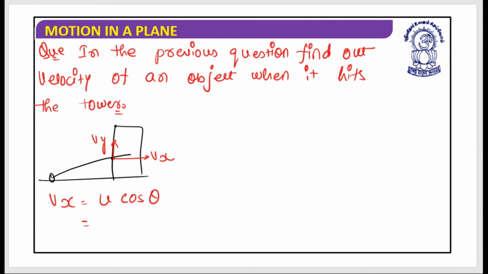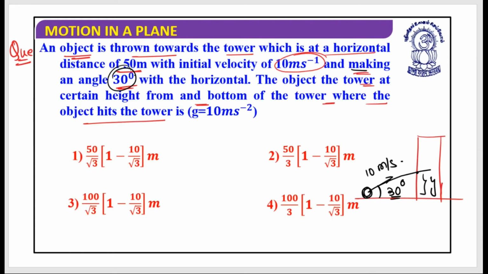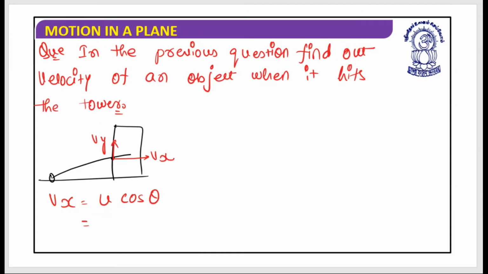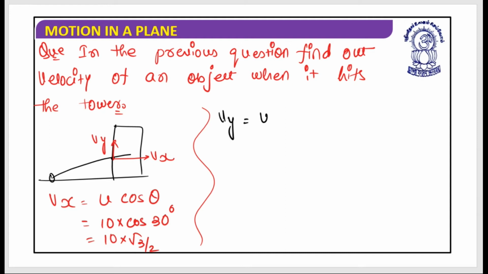because it never changes. Now what is the velocity? It's 10, and theta is 30 degree, so this is 10 into cos 30, which is root 3 by 2, so this is 10 root 3 by 2. This is Vx. What is Vy? It's u sin theta minus gt.